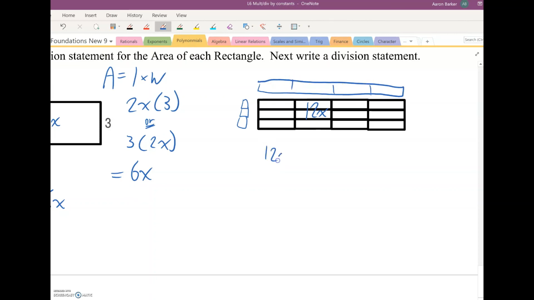So I have 12x divided by 3, that equals 4x. And so that would be the missing length, 4x would be the missing length. Let me do that in red so it looks all pretty. So there's our missing answer. That is our quotient, 4x.